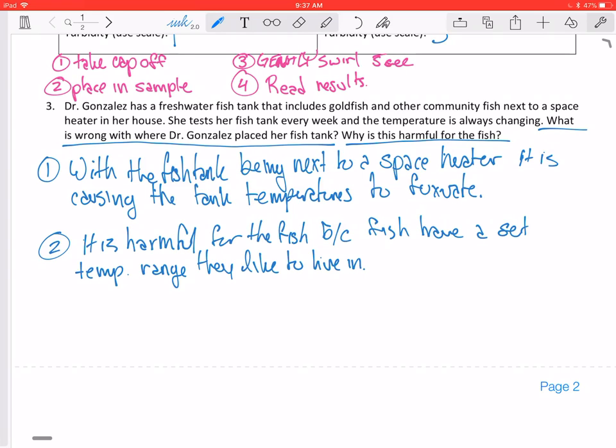And so if it gets too hot or too cold, or if that temperature rapidly fluctuates, it stresses the fish, okay?